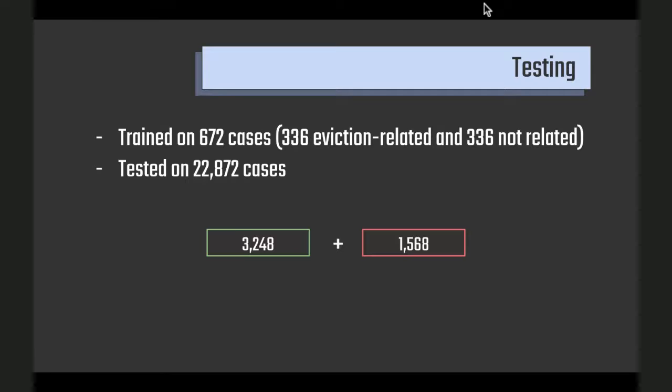So then we took the same training data set and we tried to sort the rest of the cases into the ones that are eviction related or not eviction related, and based on our accuracy for each class, we expect that there are a bit over 3,000 eviction cases available in the cases that were predicted as eviction related, and 1,500 cases that are eviction related in the set that was predicted as not eviction related.